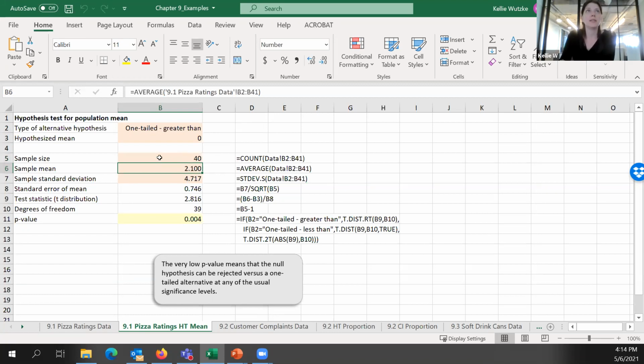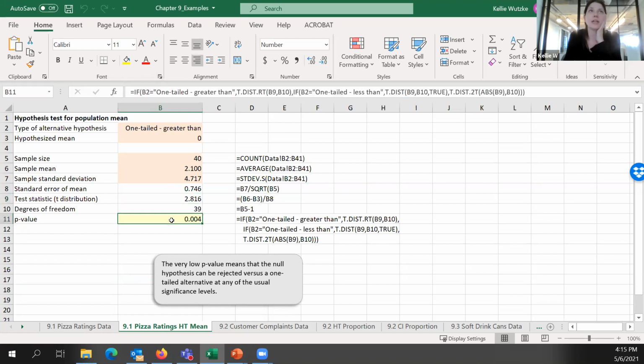So if we input the mean and the standard deviation, which are just calculated from the average and standard deviation functions, then we can calculate the standard error, which means we can calculate the test statistic. This is just the formula that we talked about in the book. Then there's our degrees of freedom, and we use all of that information to calculate the p-value. Don't worry about that formula, just use the template and let it calculate it for you.